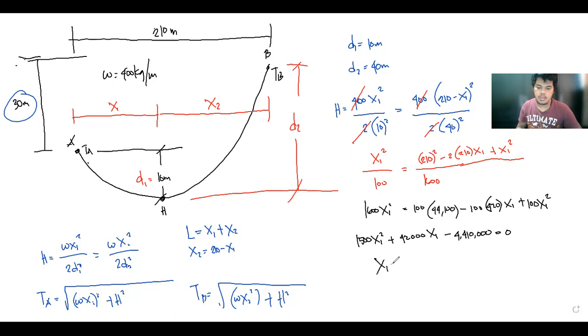So x1 can be calculated as 42 from the calculator, and also x1 is equal to negative 70. So we choose the value 42.